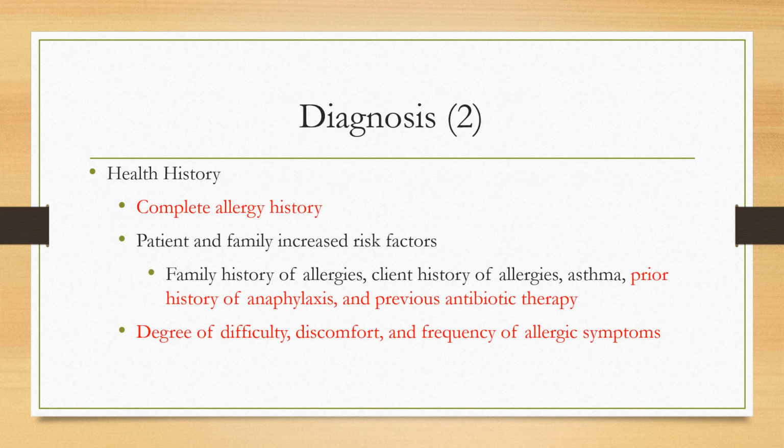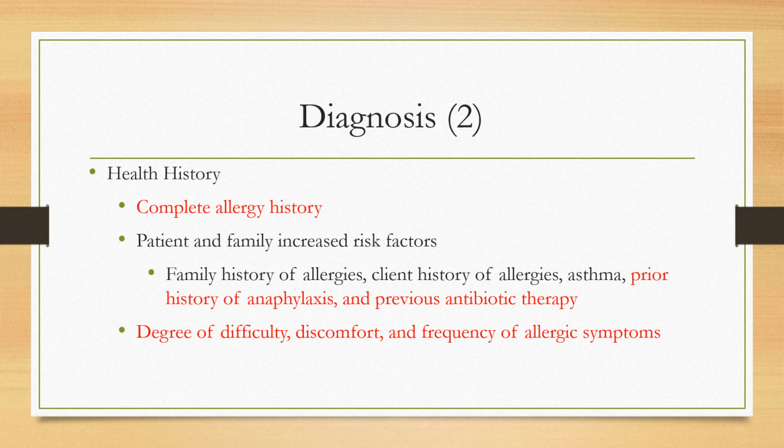So how do we diagnose? Well, when we are looking at diagnosing, we always start at the same place, and that is with a complete health history. We are always going to start with talking to our client to diagnose this. So we are going to do a complete allergy history. We are talking to patients. We are talking to their family members because we know some of these disorders will travel in families.